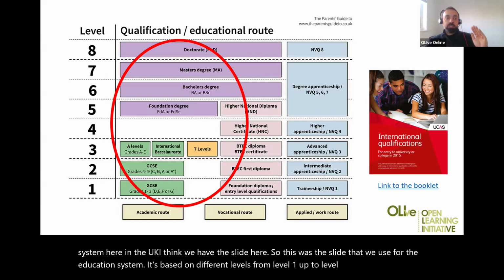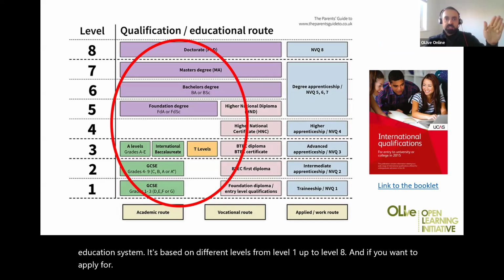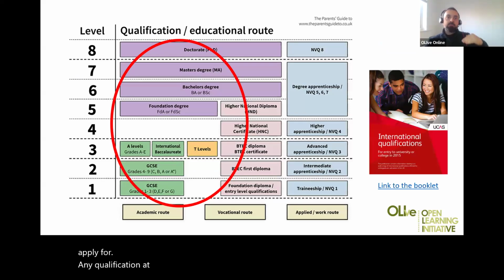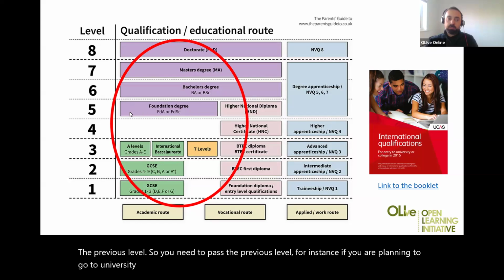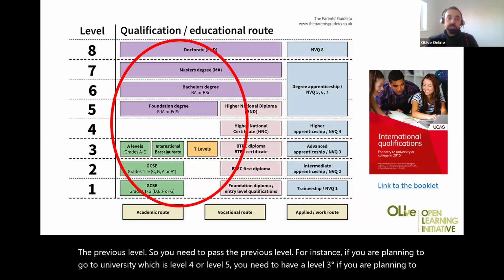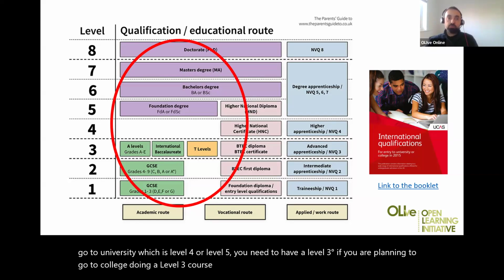And if you want to apply for any qualification at any level, you need to have passed the previous level. For instance, if you are planning to go to university, which is level 4 or level 5, you need to have a level 3 qualification. If you are planning to go to college to do a level 3 course, you need to have a level 2 qualification.